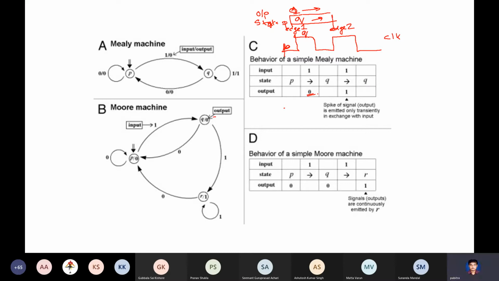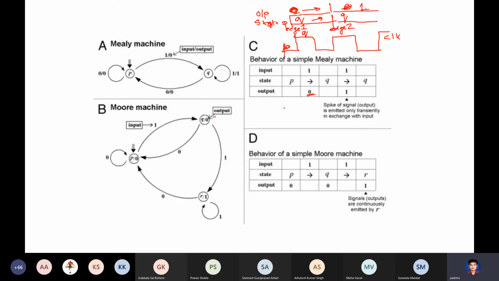Now the next stage comes, and then there is a transition back to Q. So the state is Q again, till the next stage maybe. And the output is 1. Output is 1 again. So now the output is 0. From here onwards, the output is 1.